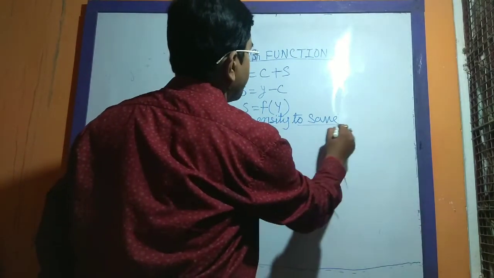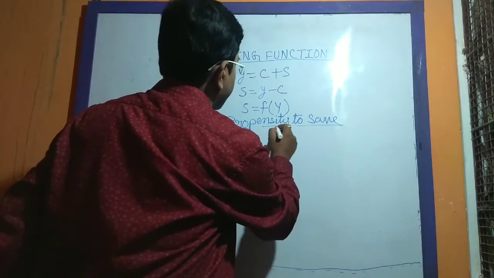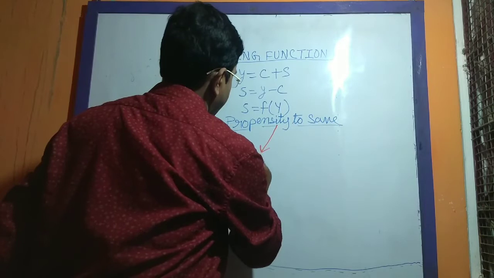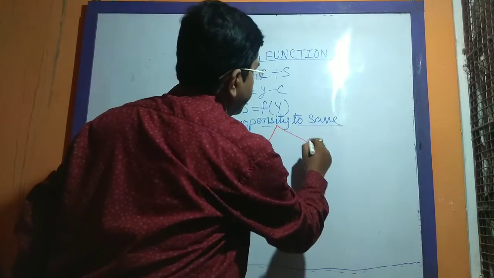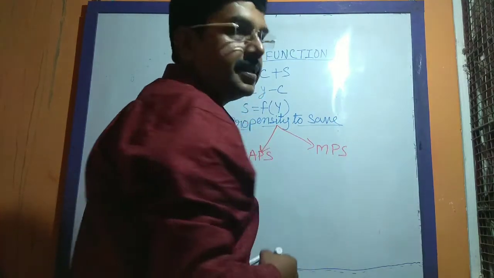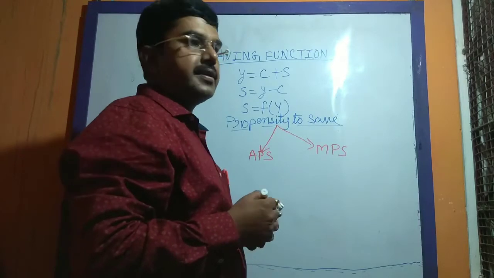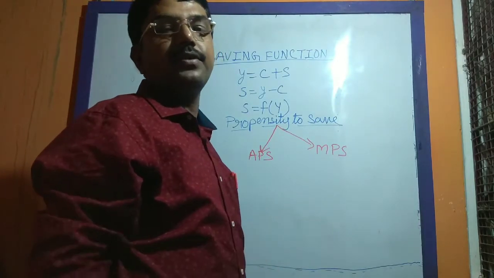First one is APS, average propensity to save, and second one is MPS, marginal propensity to save. Let us discuss one by one. First one is APS, average propensity to save.